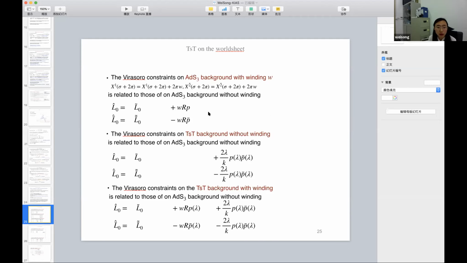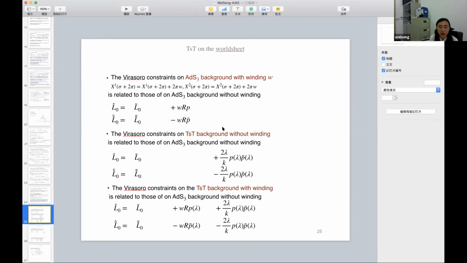So we consider ordinary solutions of the string equation of motion on the AdS3 background by introducing a winding. It's also a spectral flow transformation. And here is the Virasoro constraint after the spectral flow and before the spectral flow. They differ by this momentum times the winding.